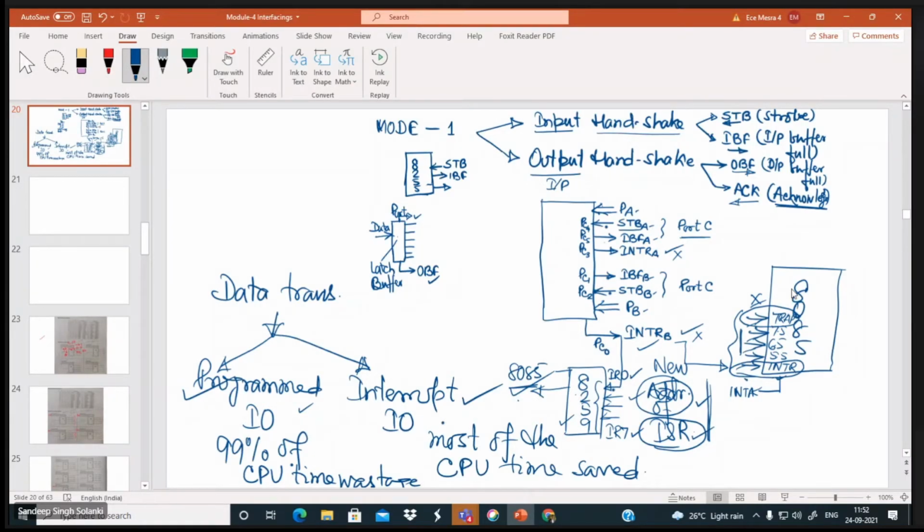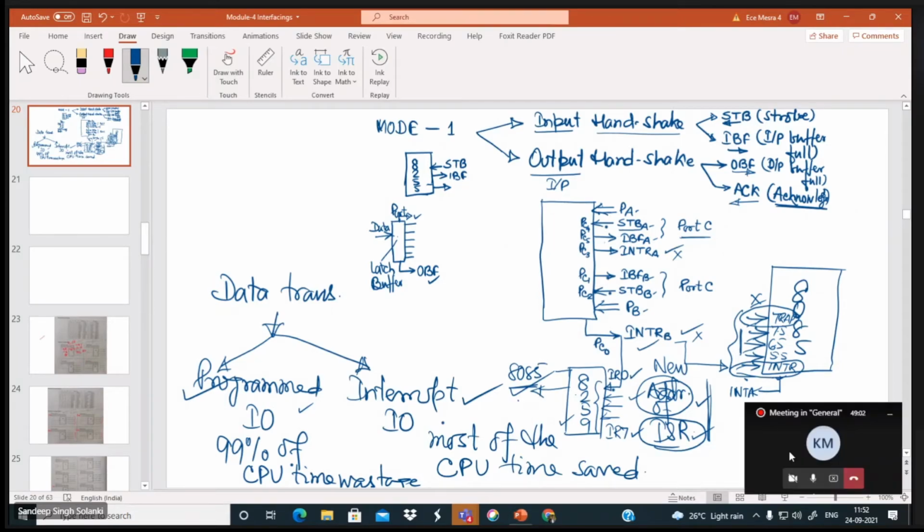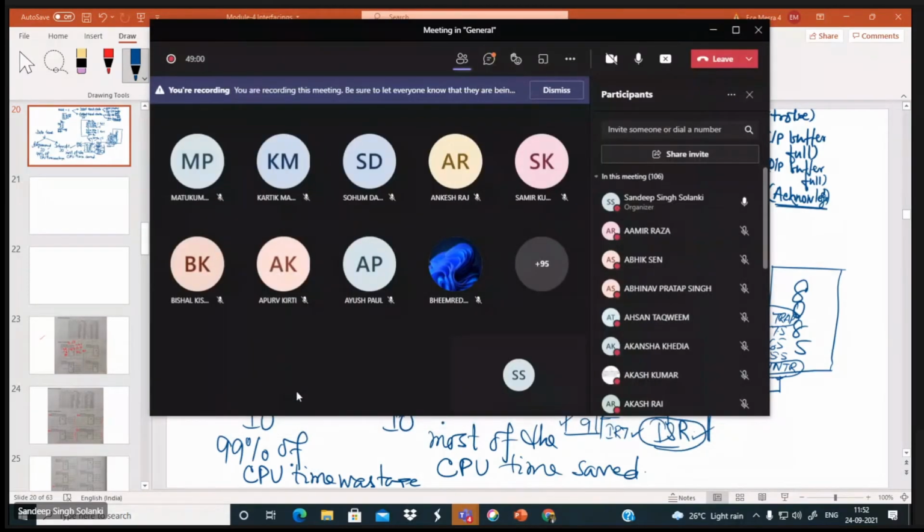Have you understood what I said till now? Yes. Yes, that is how we decide which interrupt has to be used. That is what I was explaining. Anybody?